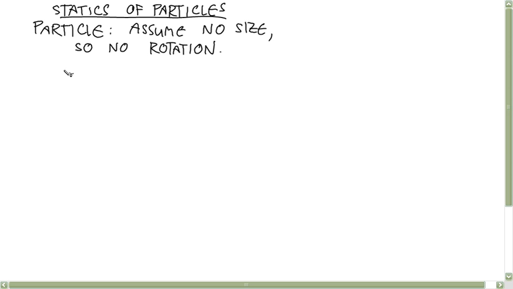Okay, so if you treat something as a particle, then you're not going to deal with the moment equation of equilibrium. You're only going to deal with Newton's second law, basically.